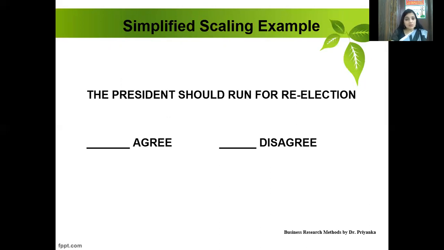You might not know something about it, or you might be confused about being agreed or being disagreed. So that should also be provided along with this, right? But we will always have a few questions like this also: agree or disagree, yes or no, good or bad, right? This is a simplified scaling example.